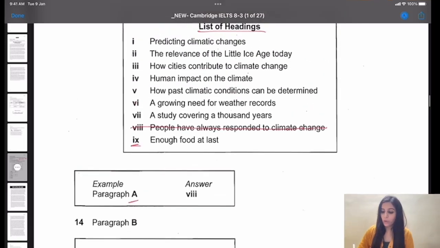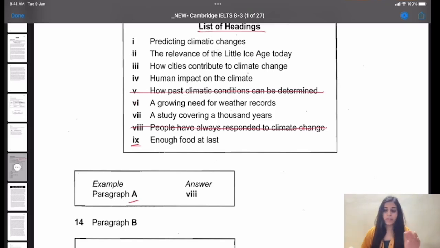So we strike that off again, because you need to understand one heading can be assigned to only one paragraph. The same heading will not be repeated.